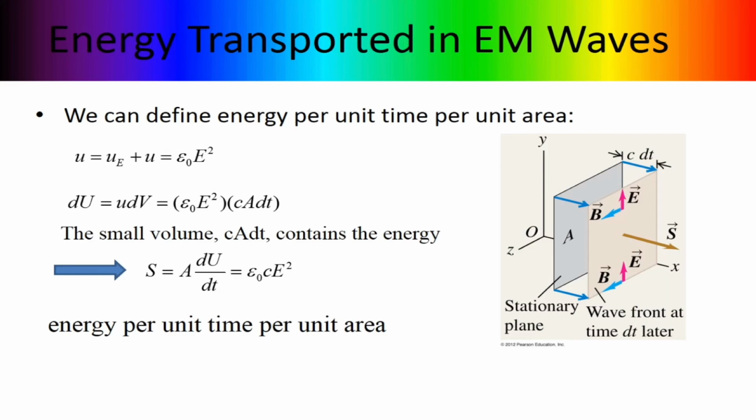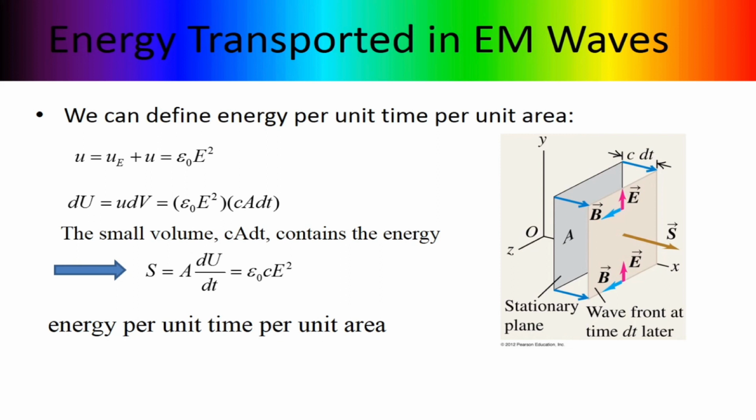And now we can ask questions like how much energy would pass through my cell phone a certain distance away from, say, a 5G tower. And to do that, if we know the energy densities of the wave, the electric field and the magnetic field, we could calculate the volume of the cell phone as follows. It would be the cross-sectional area of the cell phone multiplied by the speed of the wave times dt, which is the amount of time that's elapsed.